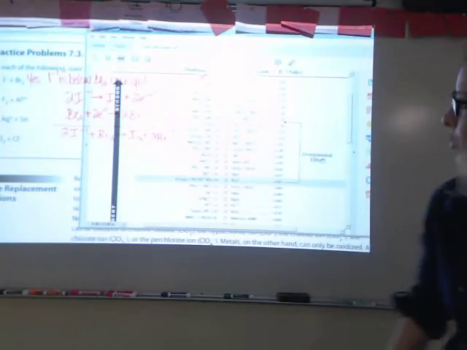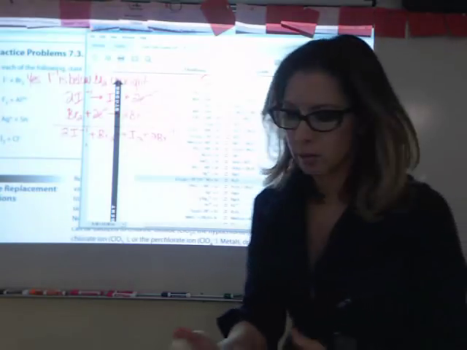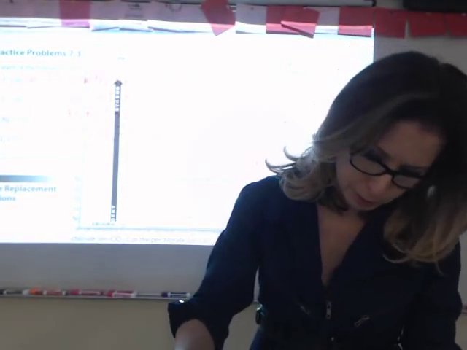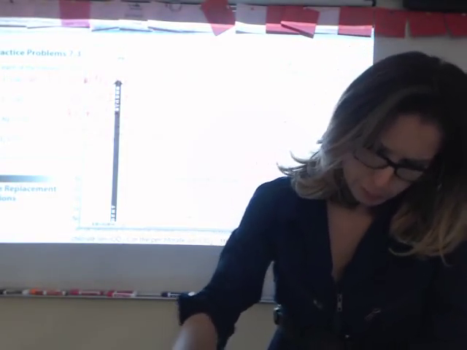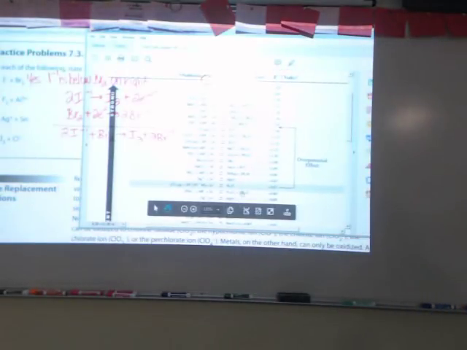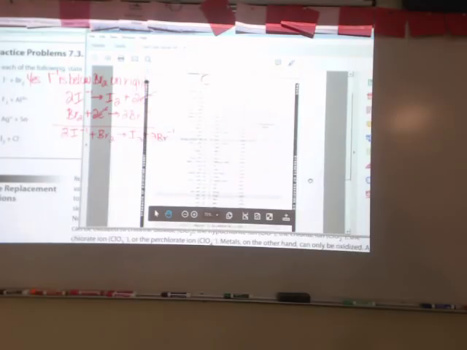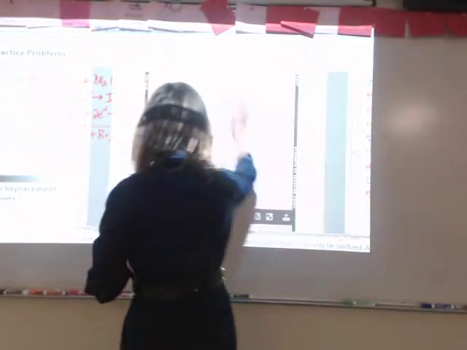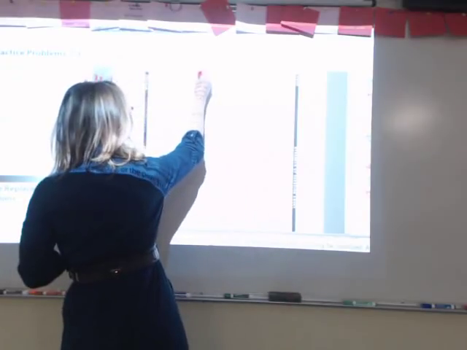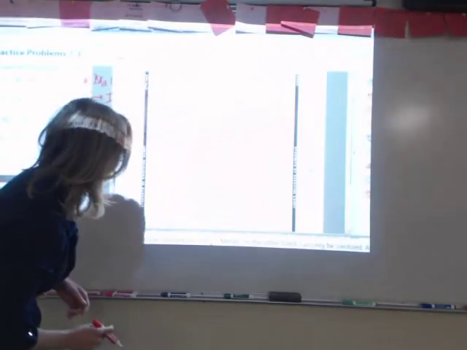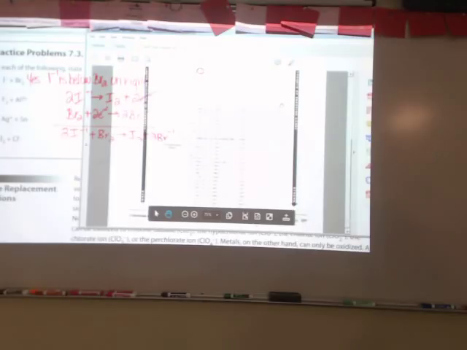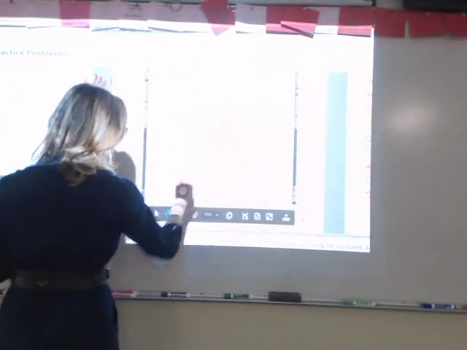And then your Al plus 3 is all the way down. It's even further down. It's right there.